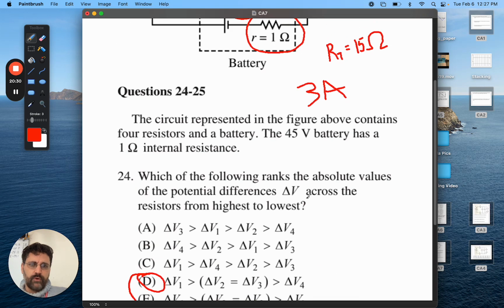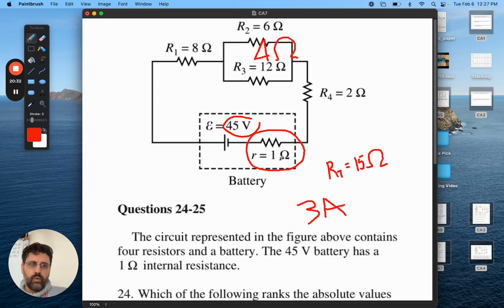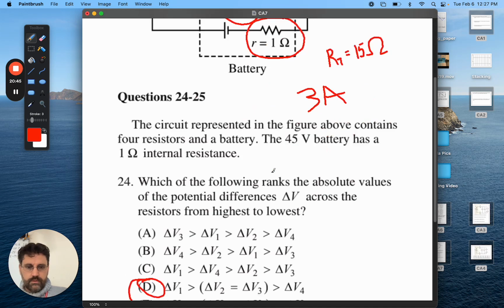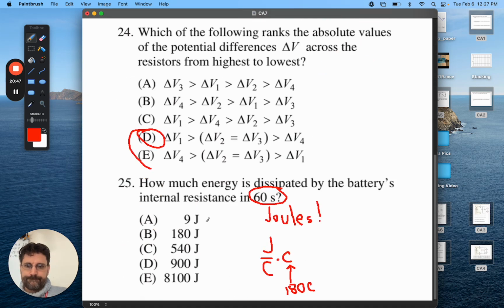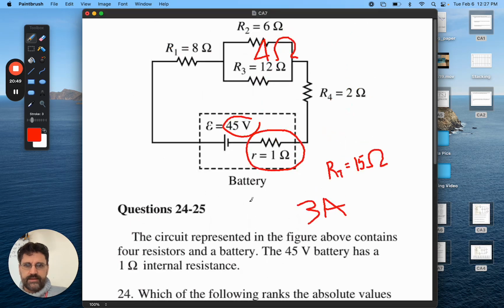Now we just need how much voltage is dissipated there. Well, it's 1/15 of 45. So, is that right? 1/15 of 45, which is 3. The reason I said that is because the total resistance is 15 ohms.